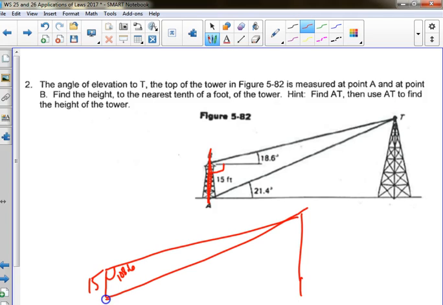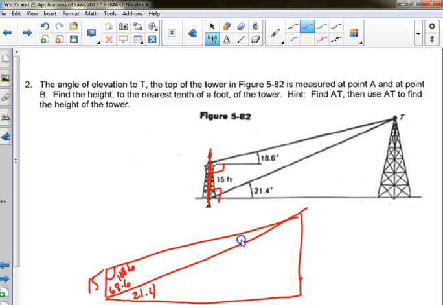The other trick is down here in this corner. This tower makes a 90 with the ground. So 90 minus 21.4, somebody helping me out? 68.6. Somebody help me. 90 minus 21.4. Okay. So then if we subtract those two from 180, what's left for this itty bitty angle up here?